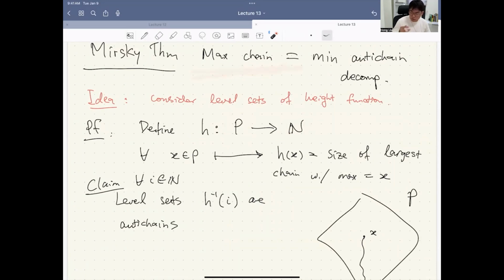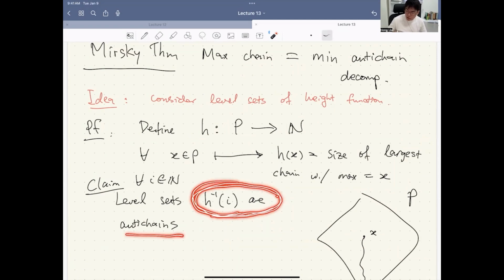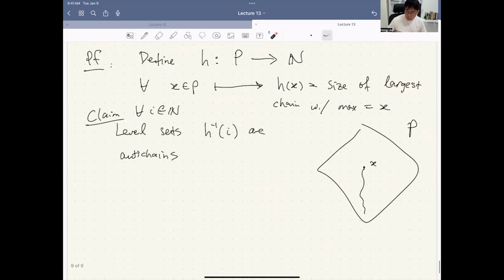So that means we can decompose P by level sets, which are anti-chains. We find the anti-chain decomposition of size the largest chain.